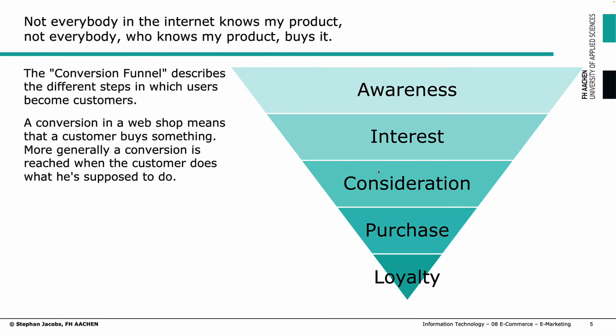This is called the conversion funnel or purchase funnel or customer funnel. And if you Google this term and have a look at different ways to visualize this conversion funnel, you see different levels. Maybe you have 5, sometimes 3, sometimes 7. The names are different, but the concept is always the same. It's a constant losing of people on the way down.